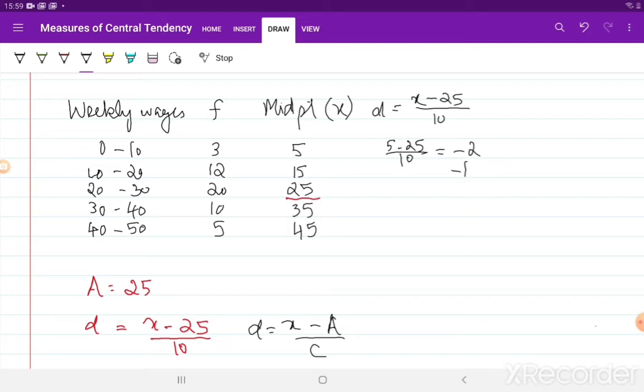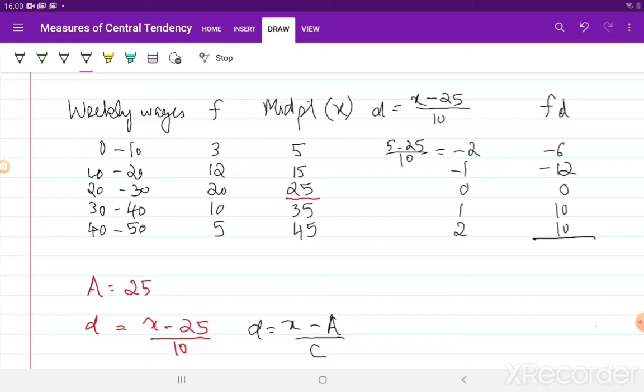Similarly, 15 minus 25 by 10 will be minus 10 by 10, which is minus 1. 25 minus 25 by 10 is 0. 35 minus 25 by 10 is 10 by 10, 1. 45 minus 25 is 20 divided by 10 is 2. Right? And your f times d becomes much more simple to calculate. 3 times minus 2 is minus 6. 12 times minus 1 is minus 12. 20 times 0 is 0. 10 times 1 is 10. And 5 times 2 is also 10.